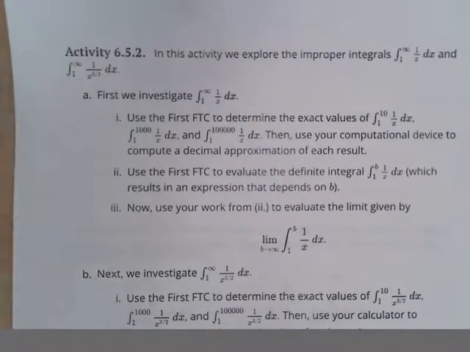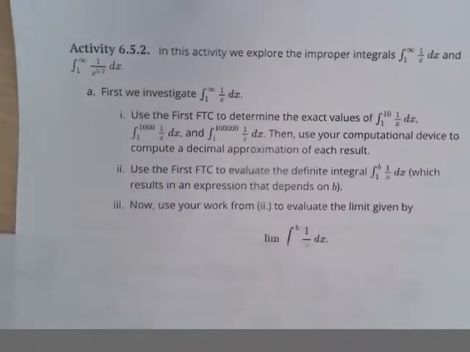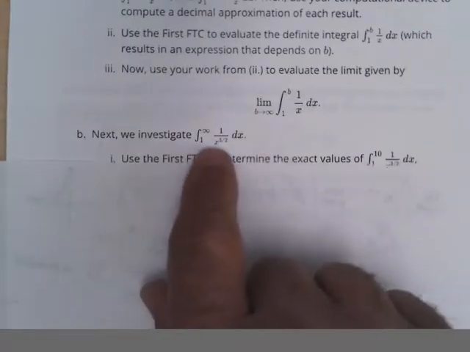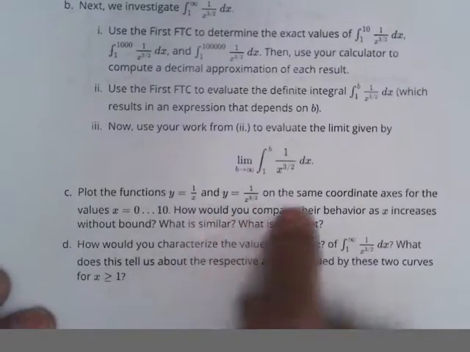Okay, so now they wanted us to go through and investigate that one, and I did, and then they want us to investigate this one, and I did, and they said plot them.